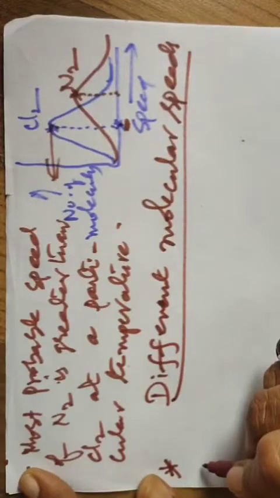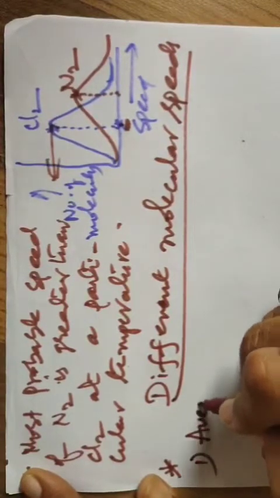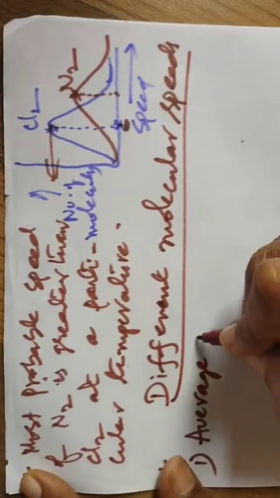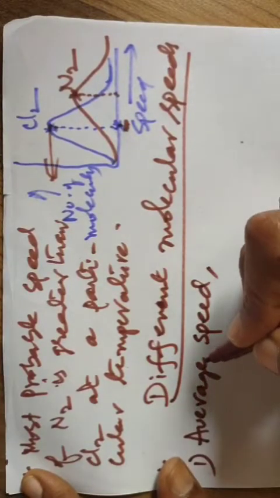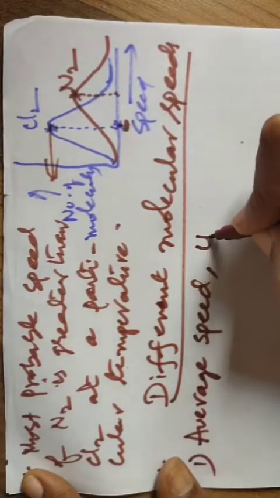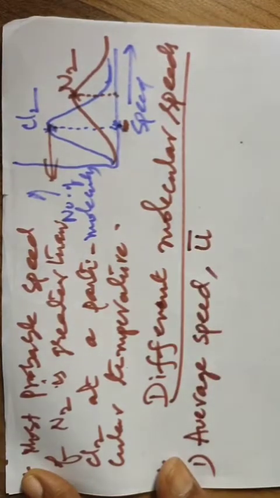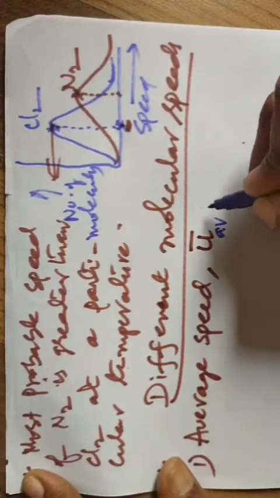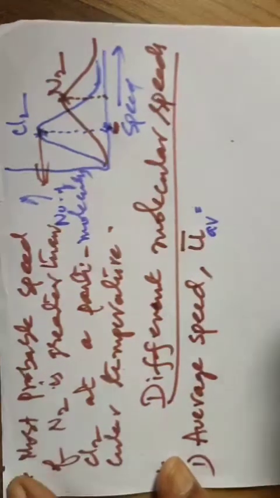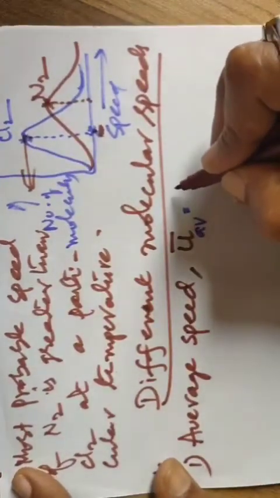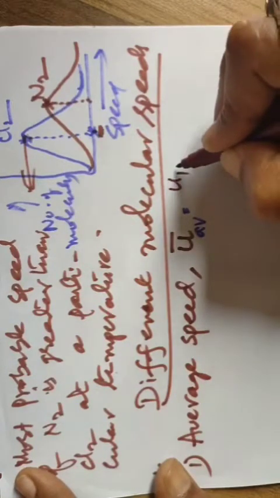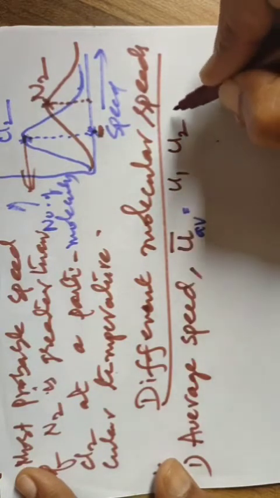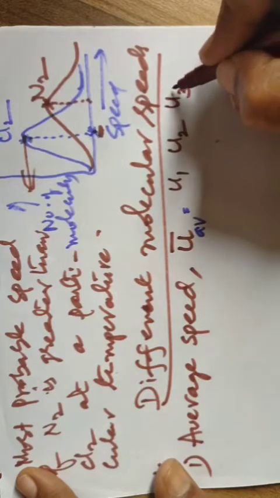The first one is average speed. Average speed is denoted by u average, u_av. How do we get the average? As from mathematics, one molecule has u1 velocity, the second one has u2 velocity, the third one u3 velocity, and so on.